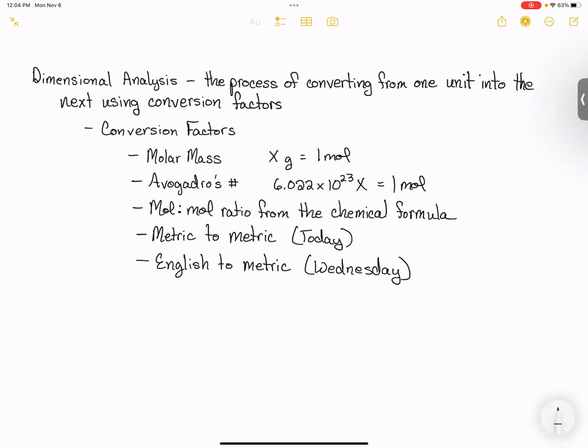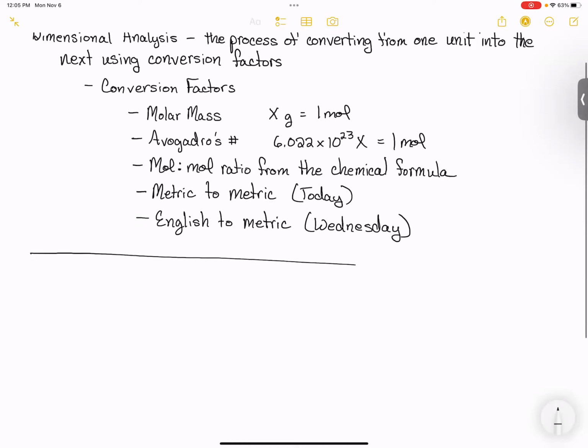Okay, so the very first thing I want to do is just take a moment to make sure that you understand how the bottom table is arranged. Let's say we're talking about grams.